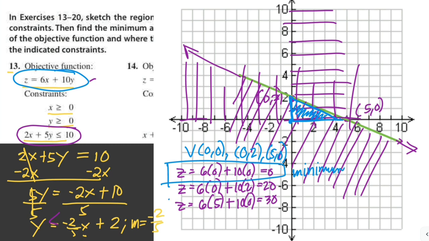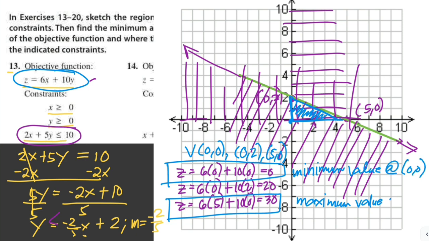And then the maximum value is at 5, 0, which is equal to 30. Minimum value at 0, 0, and then maximum value at 5, 0. Alright. So let's solve the other problem.